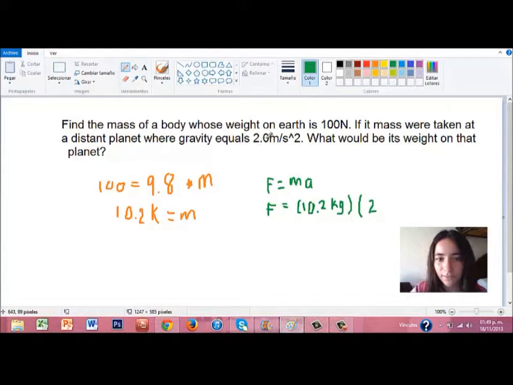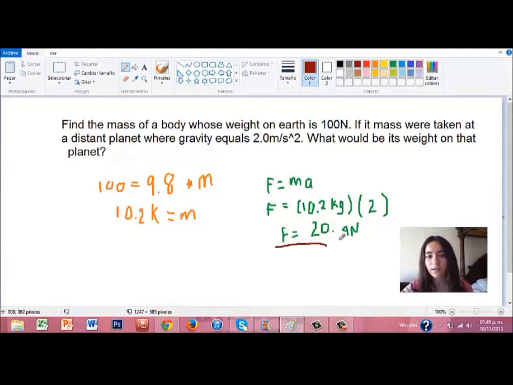There is the acceleration, and then the resultant force is 20.4 newtons. That's the resultant force for the problem, okay?